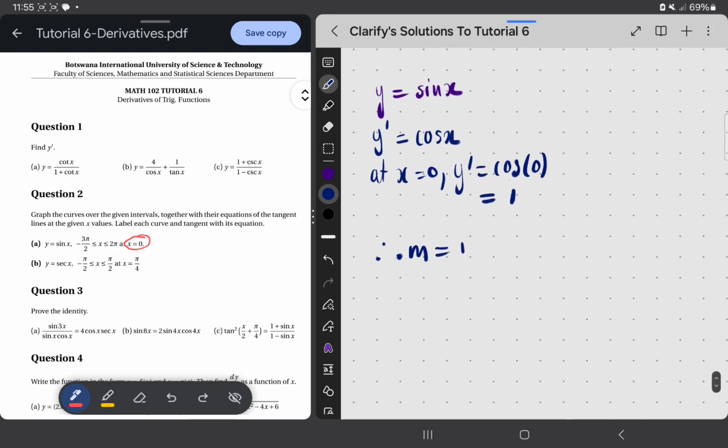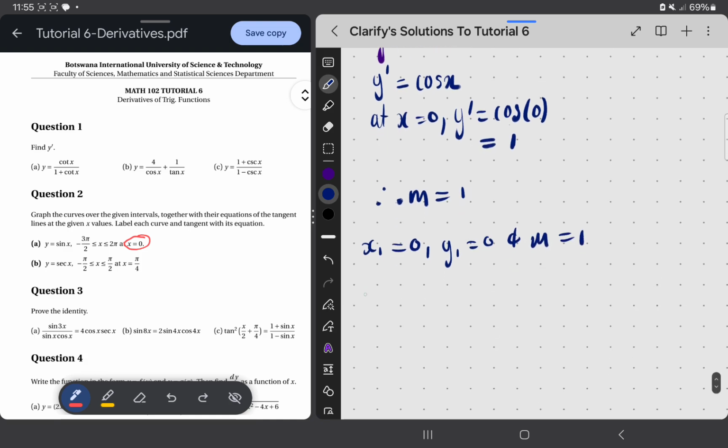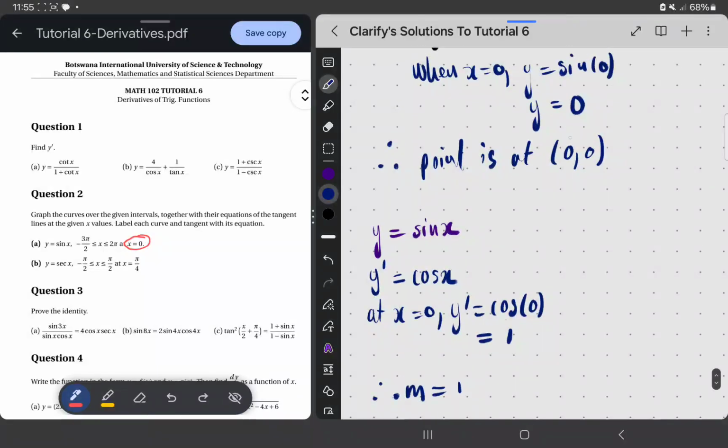So x1 is equal to 0, y1 is equal to 0, and m is equal to 1. Now you can come here and use the formula.